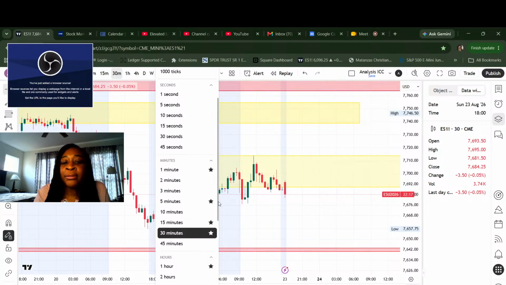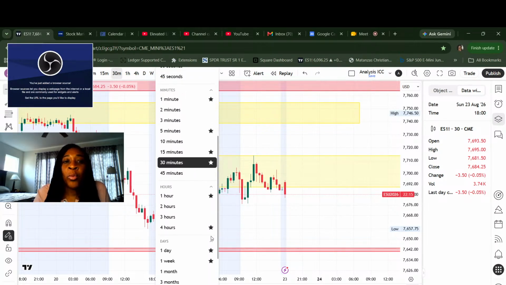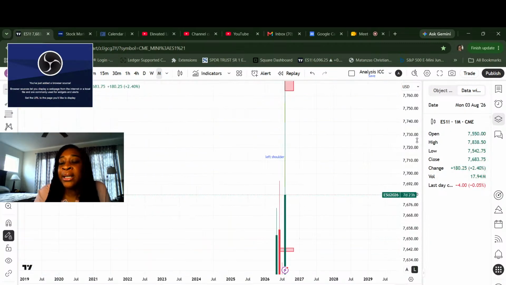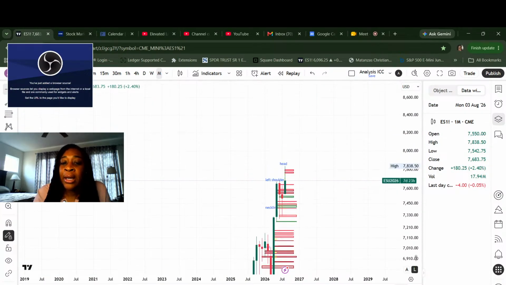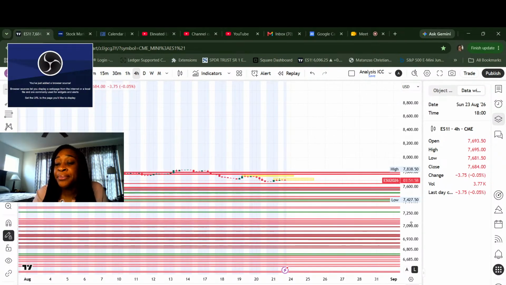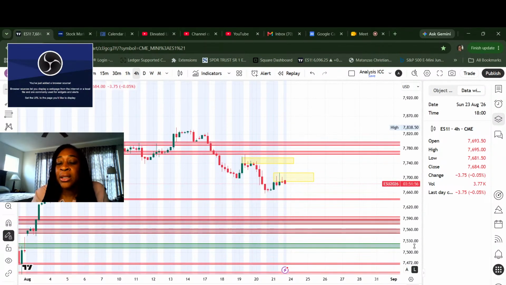Down here, you can pick whatever you want. I don't use the 10 often. I don't use the 45. Sometimes I like to look at the month view. Sometimes I like to look at the week view. It just depends on personal preference and what I'm trying to study at the moment.